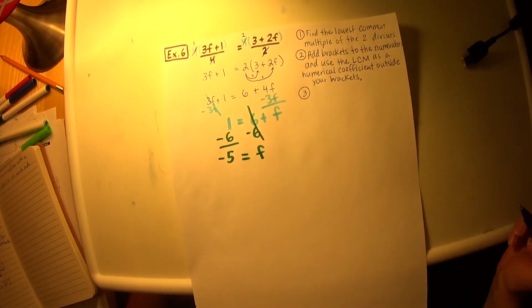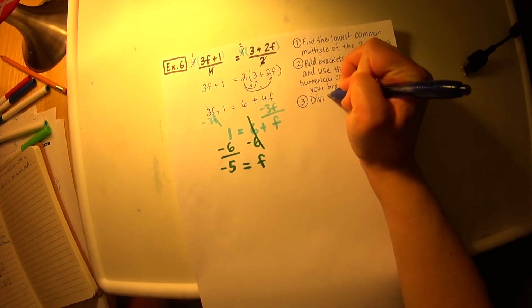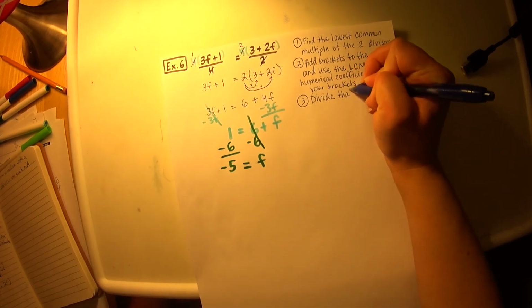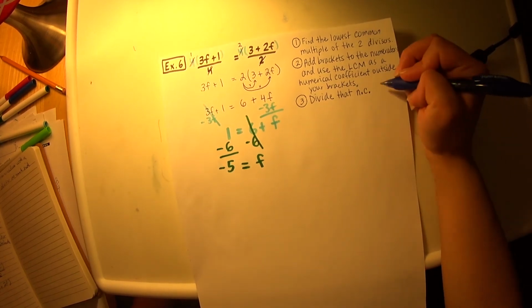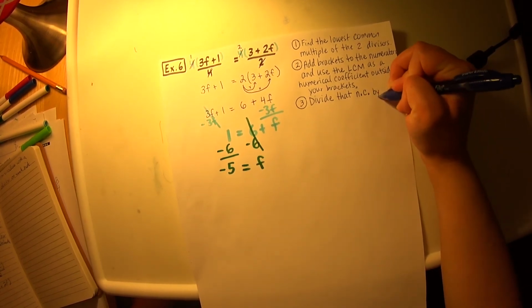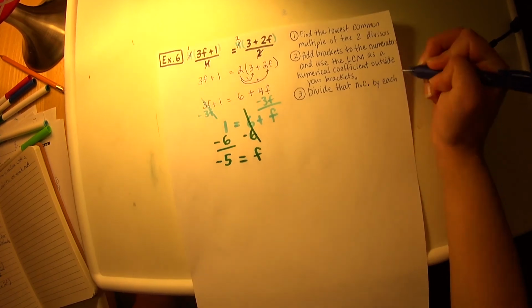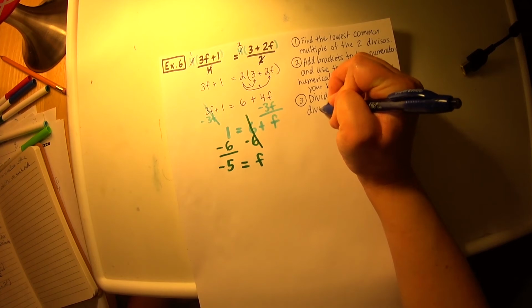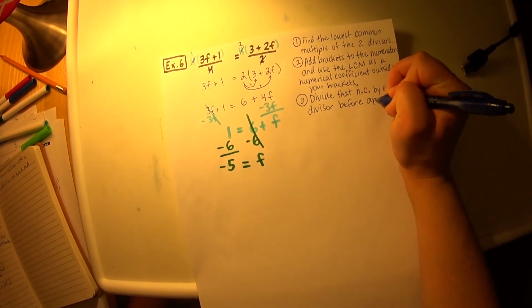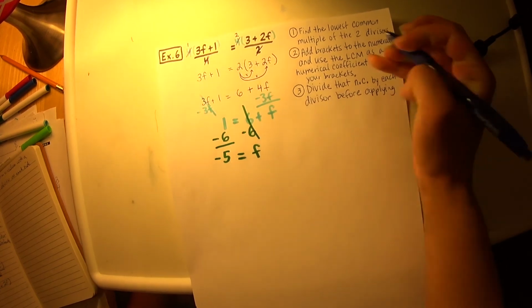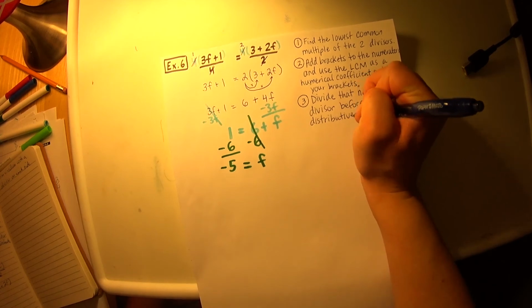Then step 3, divide that numerical coefficient by each divisor before applying the distributive property.